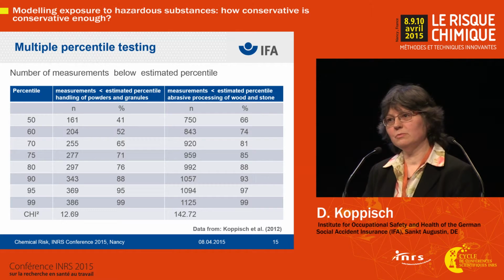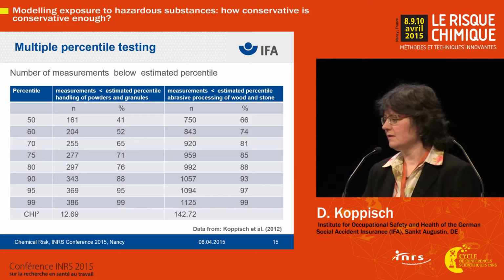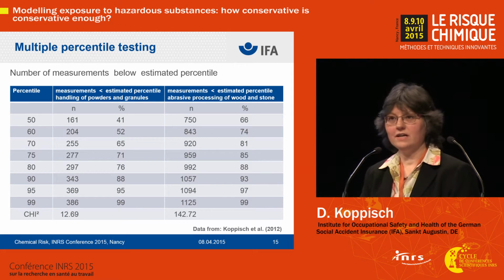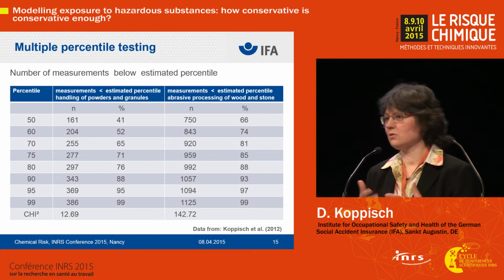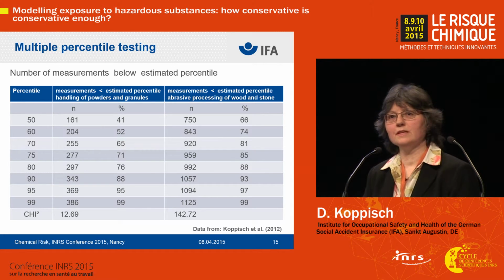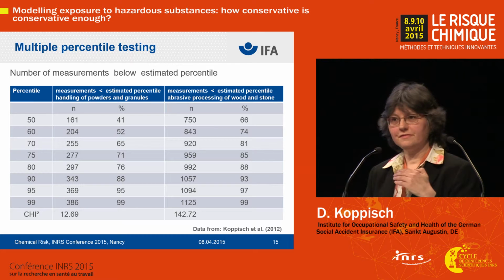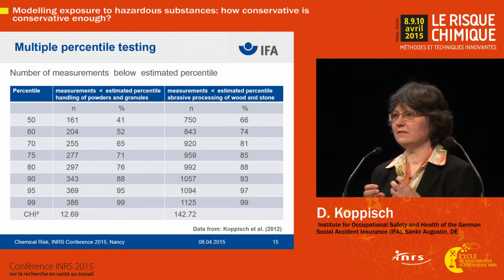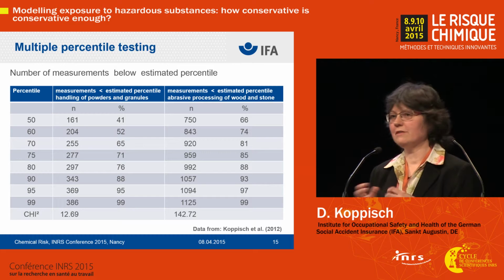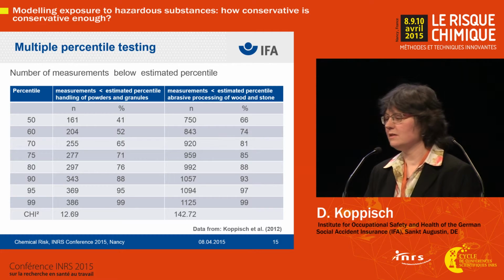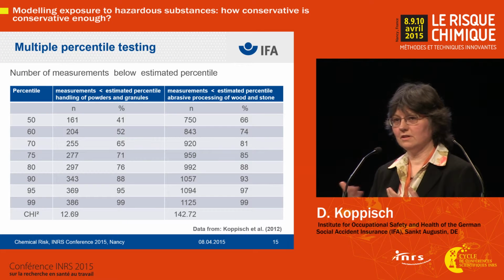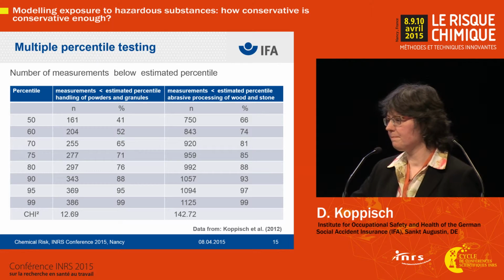And when we look to the right side, we see for the abrasive processing, the chi-square is much higher, it's 142, and there we have, with a normal chi-square test, a significant deviation from the expected numbers. If this chi-square test is really the adequate test we have still to discuss with statisticians, but this was just to try to look how big is the difference between the tasks.